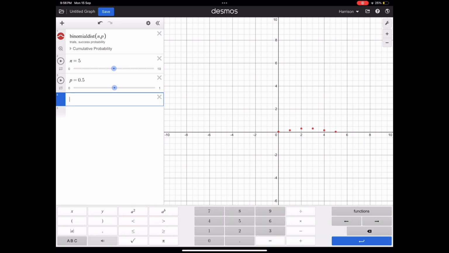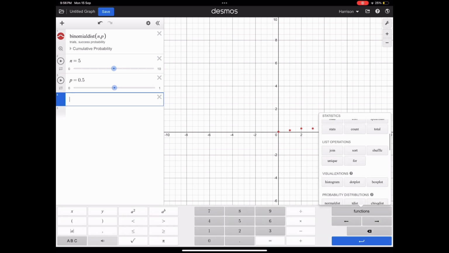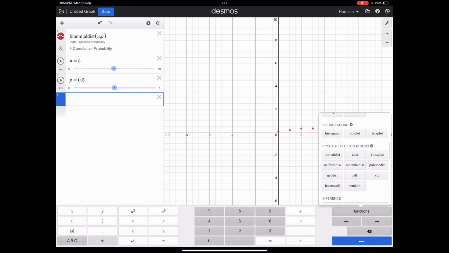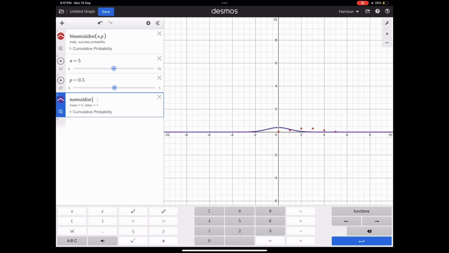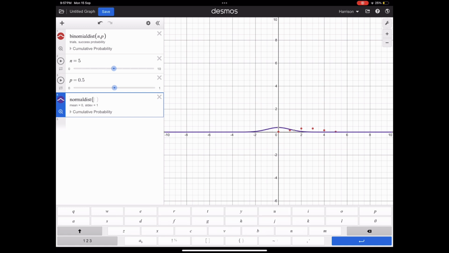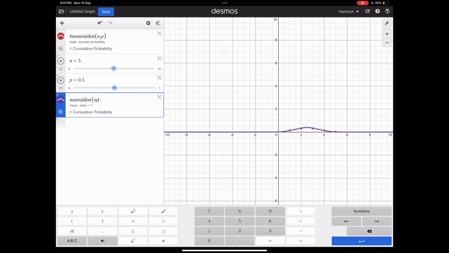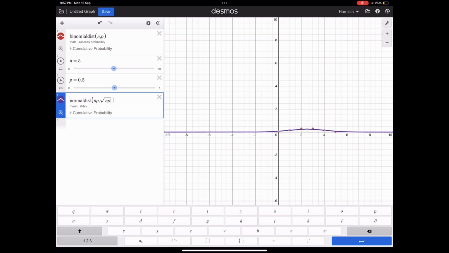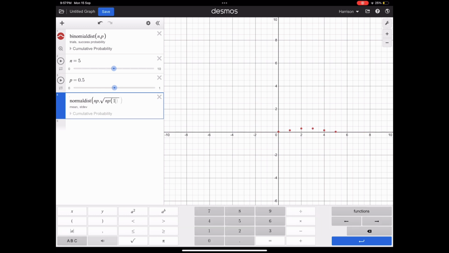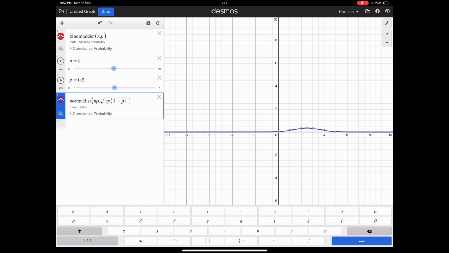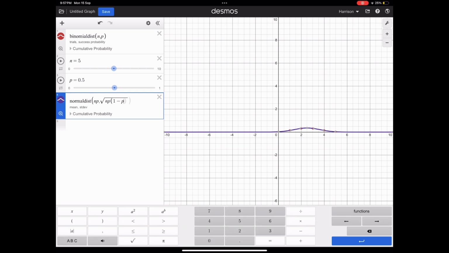And then I'll do a normal, and I'll give it a mean of np, and hopefully you're seeing how that's the mean of the binomial distribution, and then root of np(1 minus p) for the standard deviation.